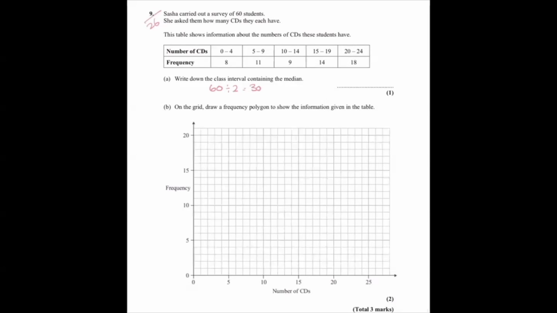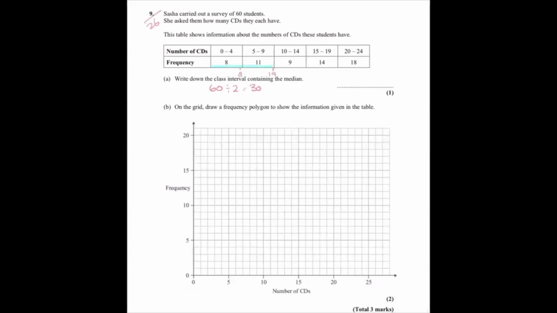Now, the first, and I hope I'm going to be able to show this nice and clearly, the first 8 students are here, and they've got 0 to 4 CDs. So my first 8 are here. If I add on the 11 students that have 5 to 9, I will be at a total of 19 students as I stretch my way along the frequency.